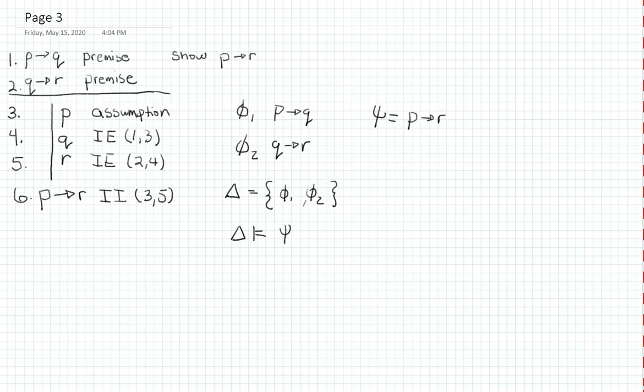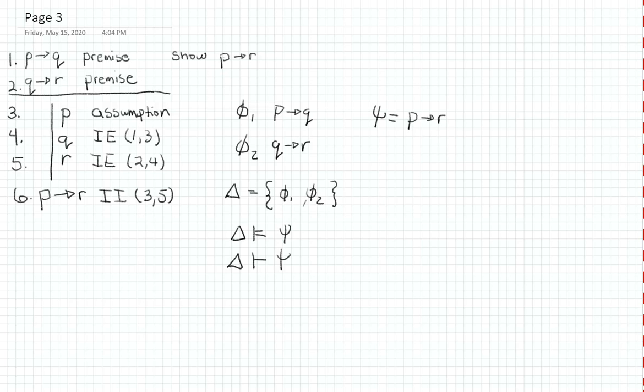That is to say, this sentence must be true. Another way to say that is that delta proves psi. In other words, if we take delta and assume them to be true, the set of sentences delta, then we can prove that psi must be true.